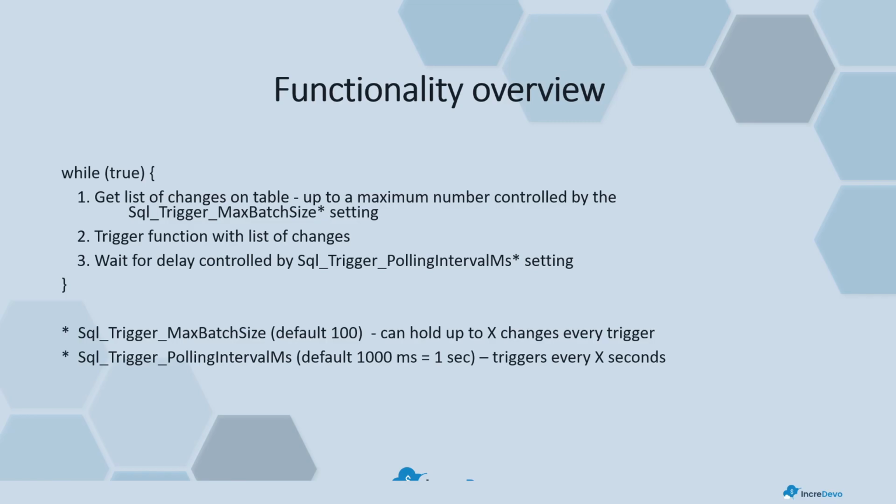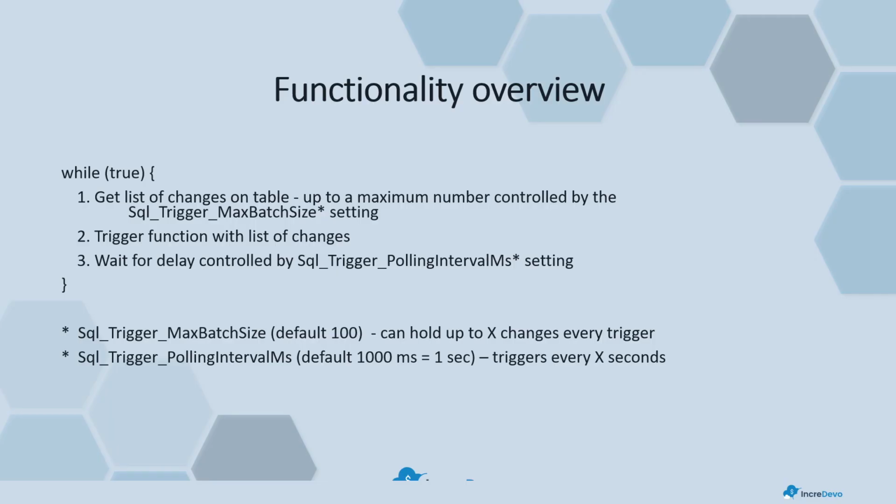The SQL trigger batch is the setting that defines how many changes can be set to the list when it's been triggered. By default, it's 100 changes. We can change it, but by default it's 100.